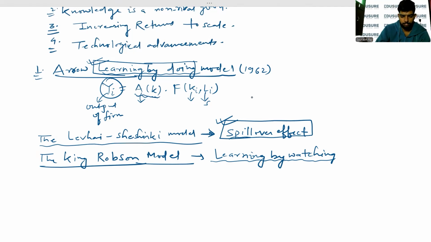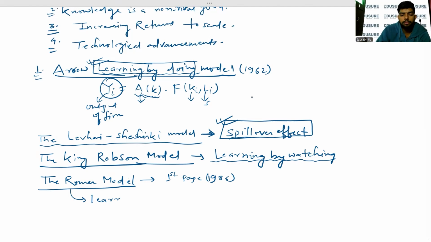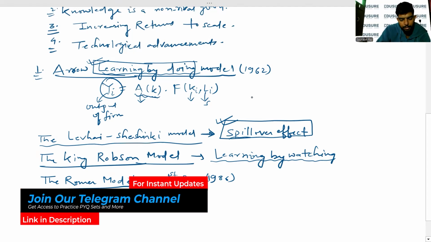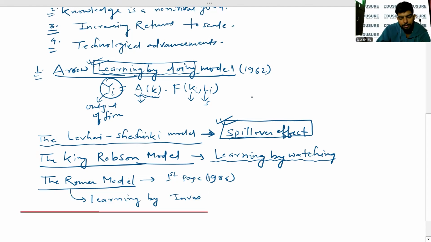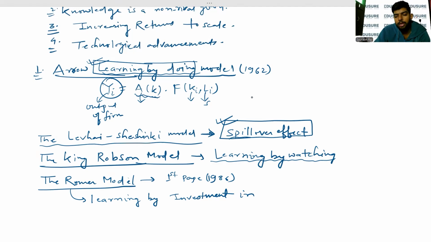Then we have the Romer model. Romer published two papers on endogenous growth. The first paper was published in 1986, and he gave the concept of learning by investment in research and development.